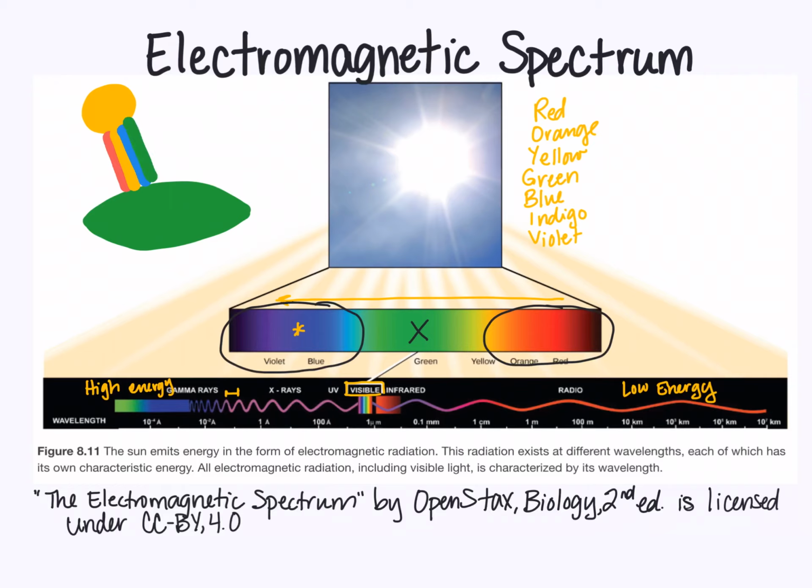But in reality, the blues and the reds and the yellows are getting absorbed by the leaf, but the green wavelengths of light actually get reflected from the leaf. So they bounce off the leaf and bounce into our eyes, which is why we see the color green. So in reality, plants are actually every color except for green.